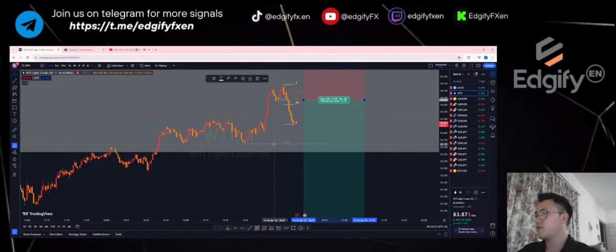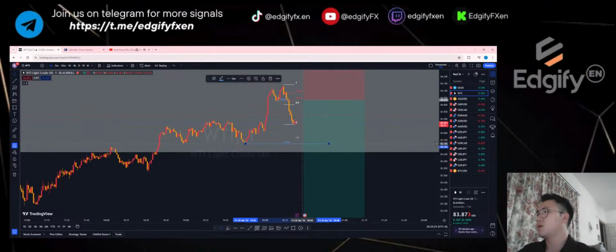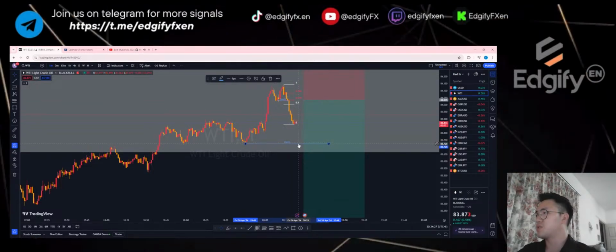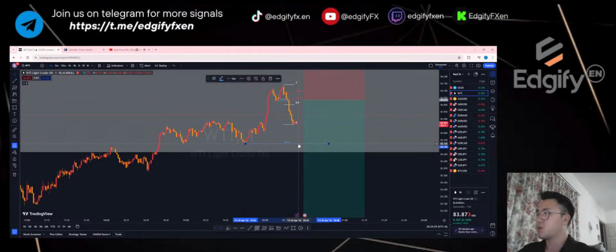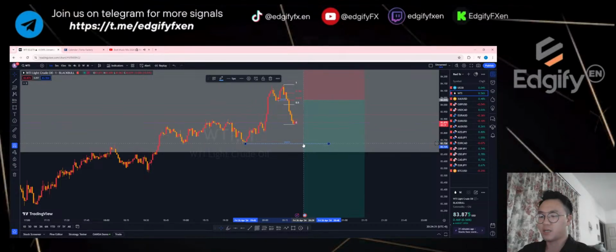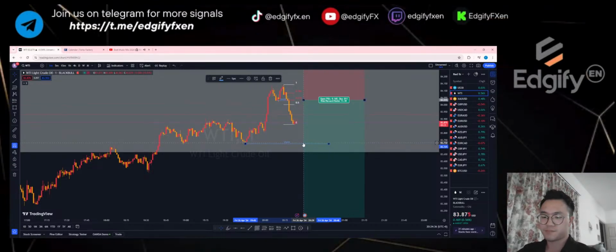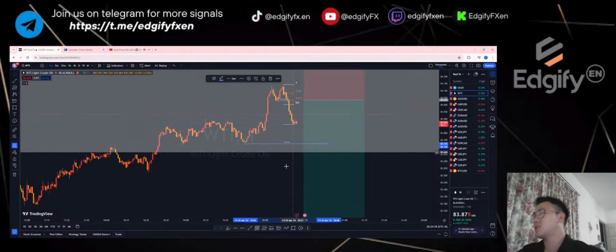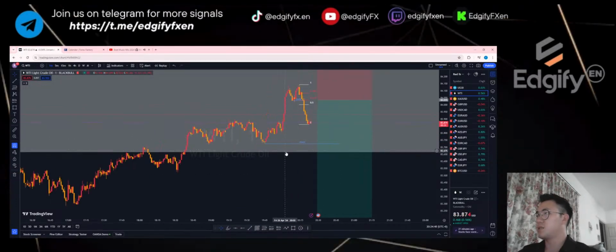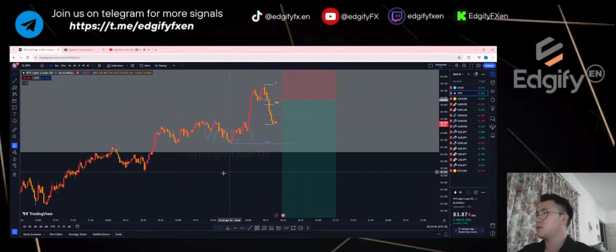I'll be looking to be conservative on WTI if this is broken. So we don't have to be aggressive if this price is broken. If this is broken, then we'll be looking at it as a conservative entry. Let's see if we can get something from WTI.